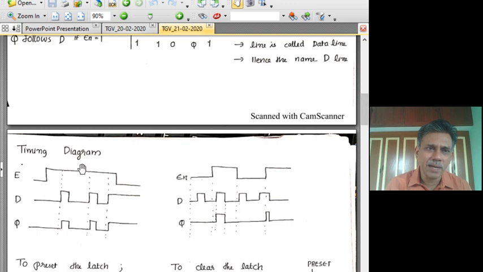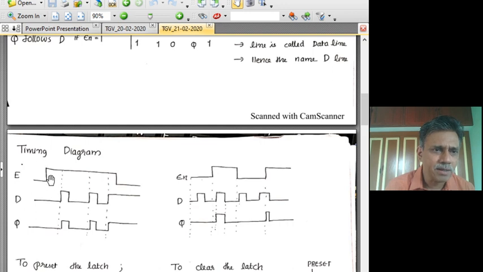If you look at the timing diagram for this, we have shown here E, D and Q. When E is 0, whatever may be the value of D, Q has the previous value and it remains at that value.